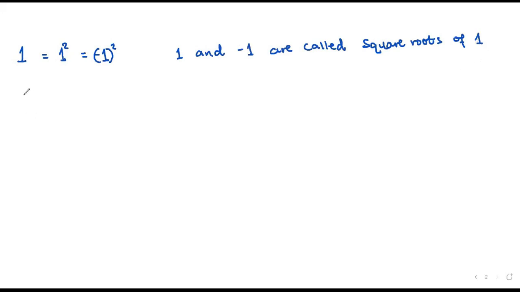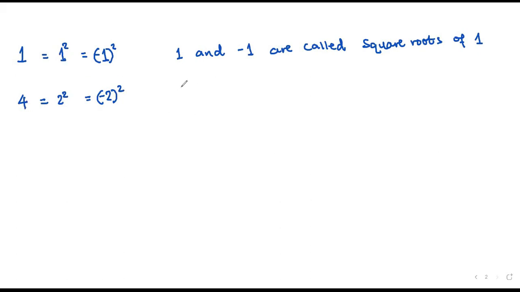Look at another one. 4 is equal to 2 squared and equal to -2 squared. We have seen that already, that 2 squared is 2 times 2, which is 4. -2 squared is the same as -2 times -2, which is the same as 4.